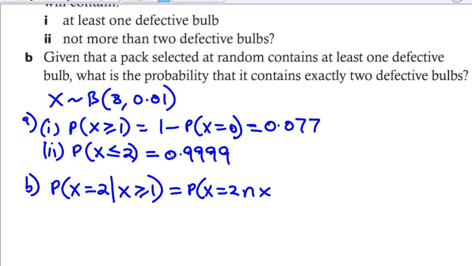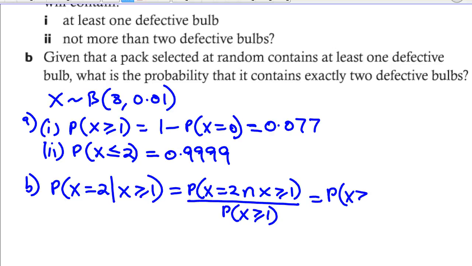Let's make this clear. If you inspect the numerator, the intersection of X equals 2 and X is greater than or equal to 1 is just the probability X equals 2.